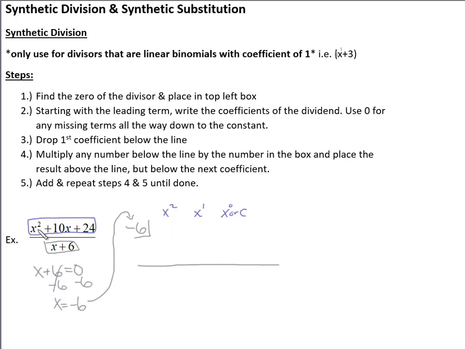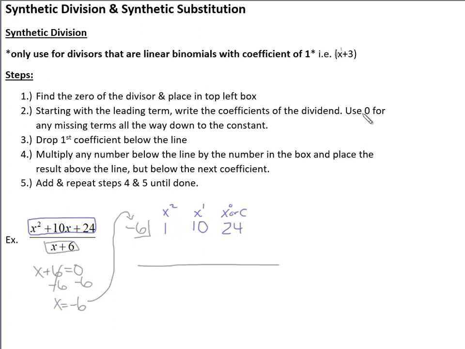Okay, so we're going to write down our coefficients. My coefficient of x squared is 1, my coefficient of x to the first is 10, and my constant, or x to the 0, is positive 24. So they were all positive this time.